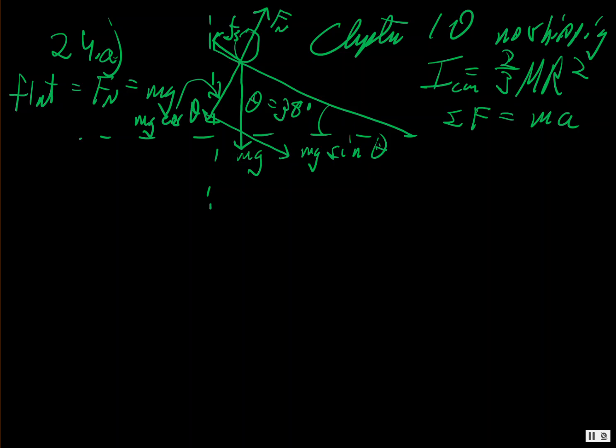All right, we also know that there's going to be torque. And how do we find torque? Since it's rotating, the most useful way is the moment of inertia times the angular acceleration. Torque is also found as force cross product r, force times the radius.